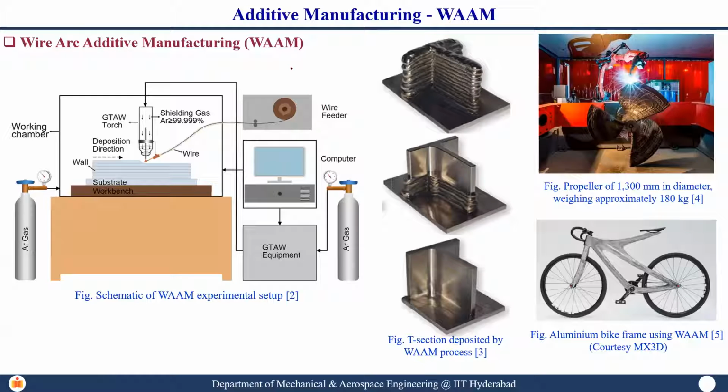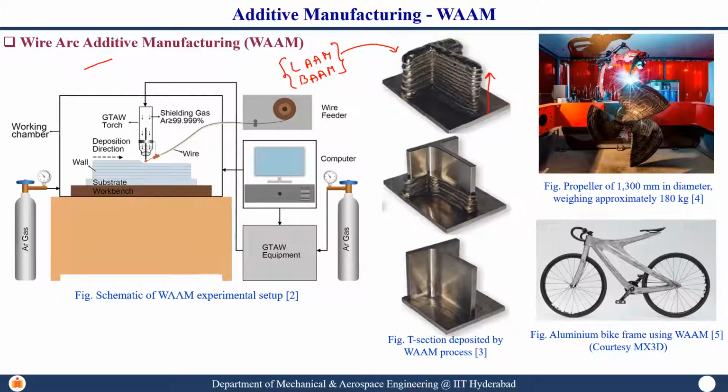If you are looking at these two areas, one of the attractive processes is the WAM process. It is just your GMAW or GTAW. So it's a welding torch, but it is integrated with a kinematic system in such a way that instead of simply depositing one bead of weld line, you can deposit a couple of them one over the other.